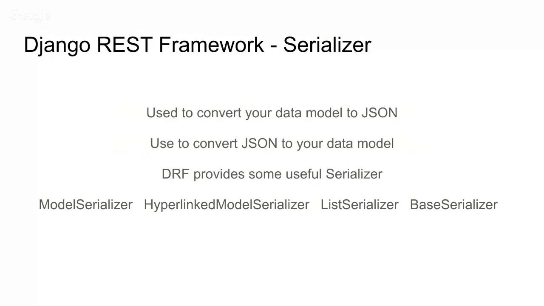The serializer is also used to convert JSON back into your data model and store your data. So you have the two use cases. When the server wants to deliver data to the client, the serializer will take the data from the database and serialize it into JSON. And when the client wants to send data to the server, the serializer will take JSON as an input, convert it, and store it in the database.